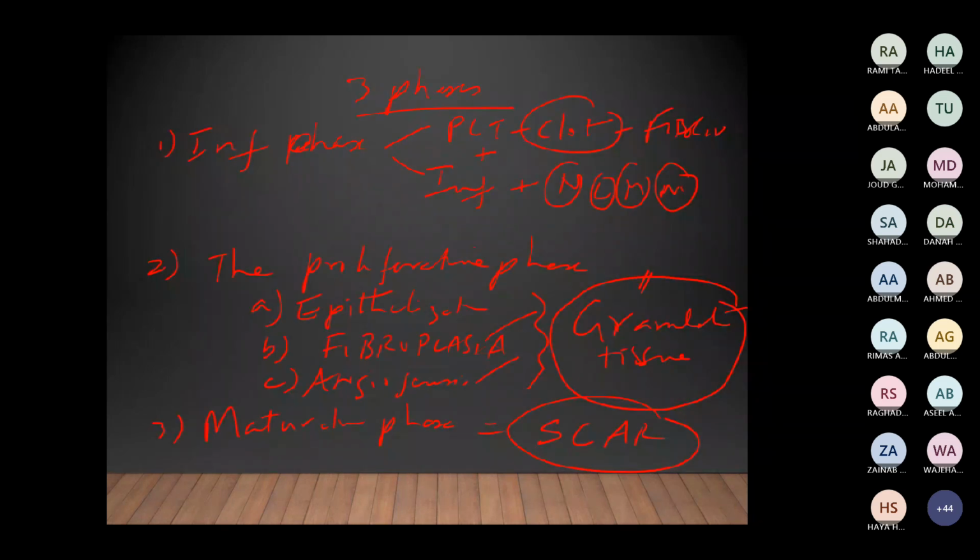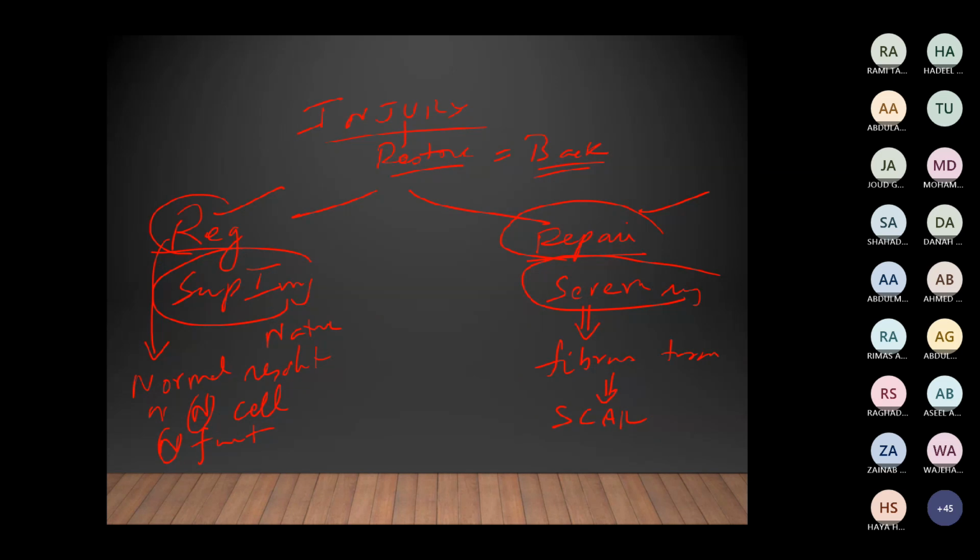In the primary union we have very small scanty granulation tissue, whereas in the secondary union, when the wound is not clean, we have an exuberant or excess granulation tissue. So please remember these terms: granulation tissue, primary union, secondary union, and these three phases and regeneration and repair.